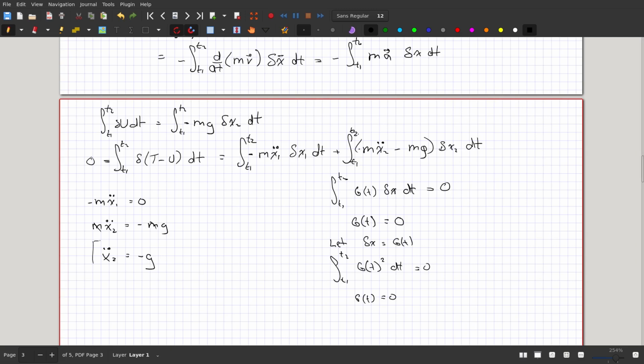So we got the same, and the first equation is not interesting, right? There's no motion in the x1 direction.